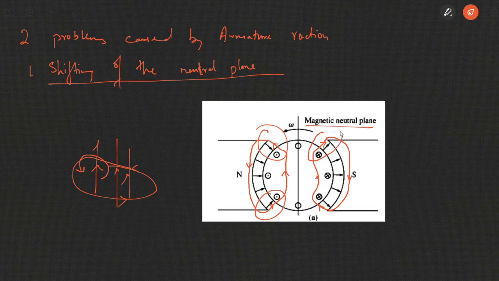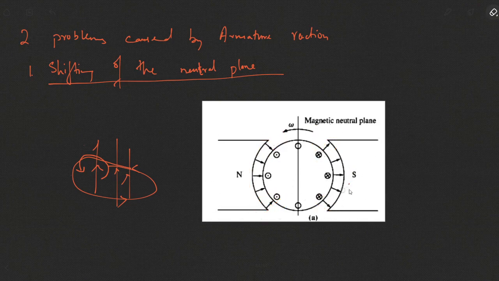Similarly, at this end the main and armature magnetic fields are in the same phase, and at this end they are in phase opposition. Therefore the magnetic field changes like this.